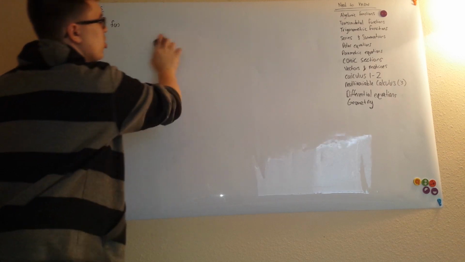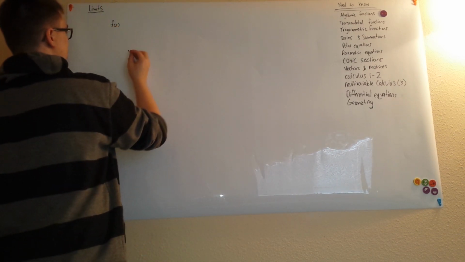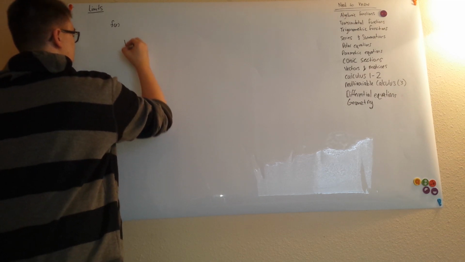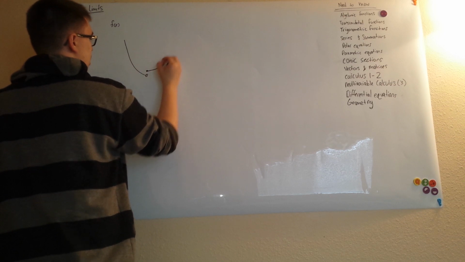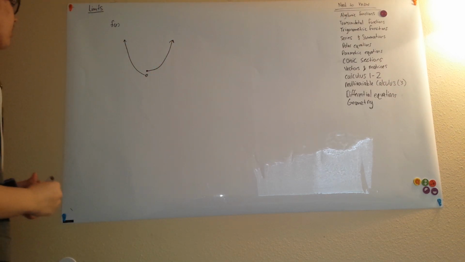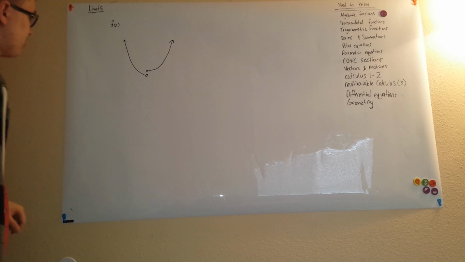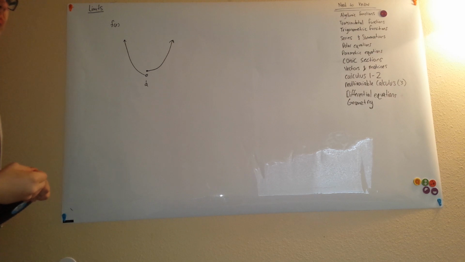Now these ones are going to be more abstract. So what if we had this? This one's more abstract. Well, we're going to be approaching this value A, or C, or whatever we call it.